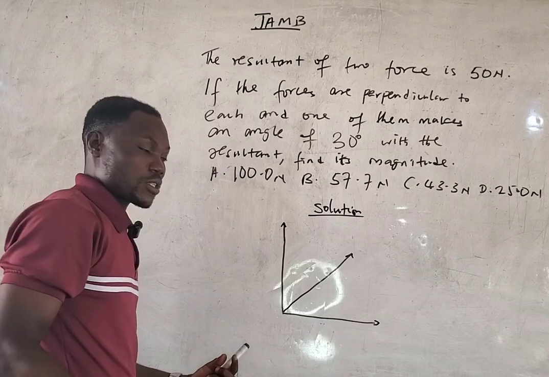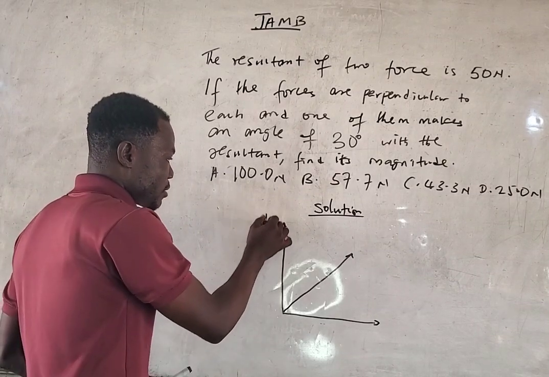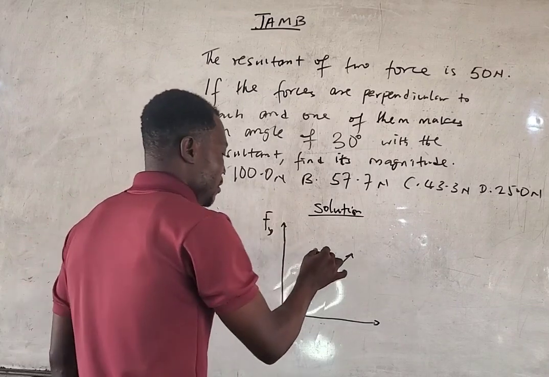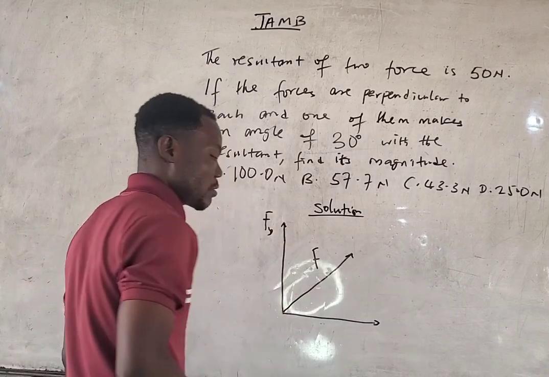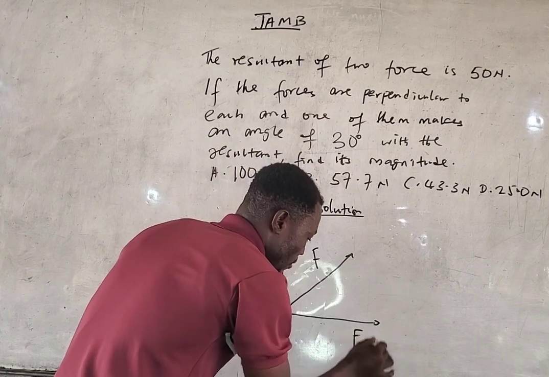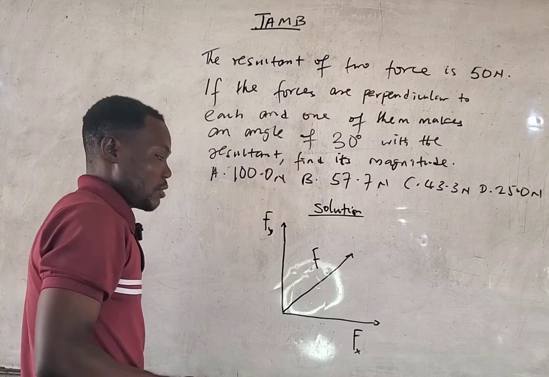So the resultant force can be split into the vertical component, which we can call Fy. This is the force. Then we can also get the horizontal component, which we can call Fx.